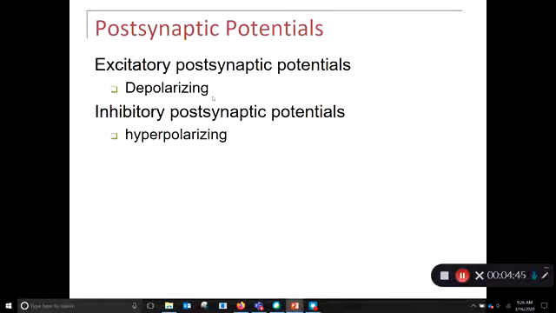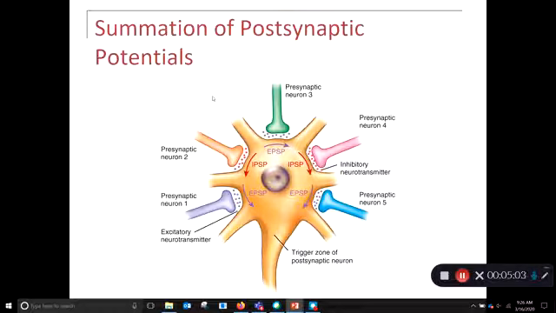Now, you will see multiple neurons interacting with a single neuron, each of which is trying to increase or decrease that stimulus. If it's an increasing of that stimulus, it's going to be an excitatory postsynaptic potential, while if they're trying to inhibit it, it's going to be an inhibitory postsynaptic potential.